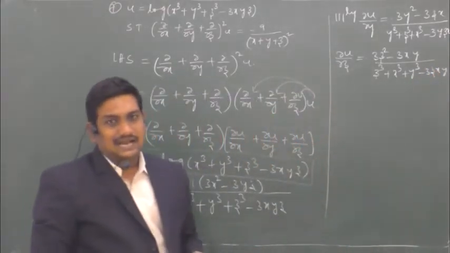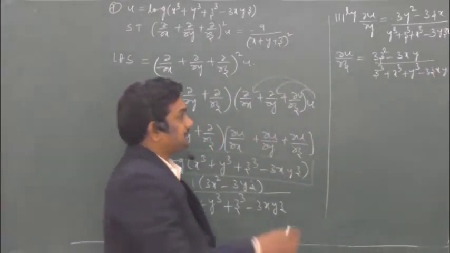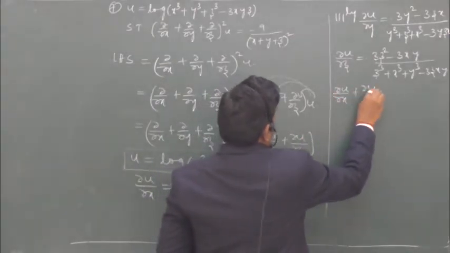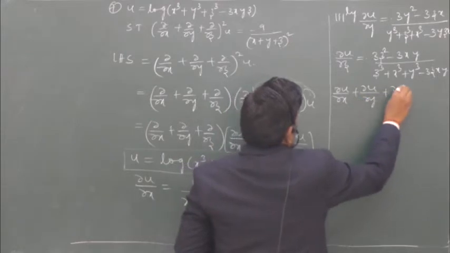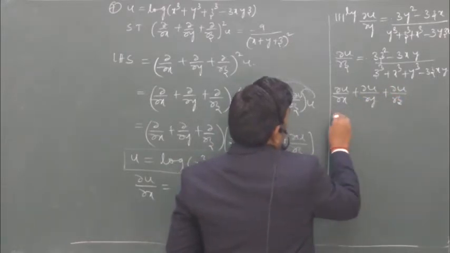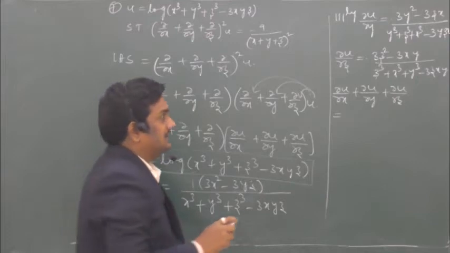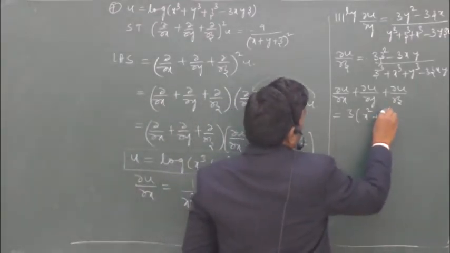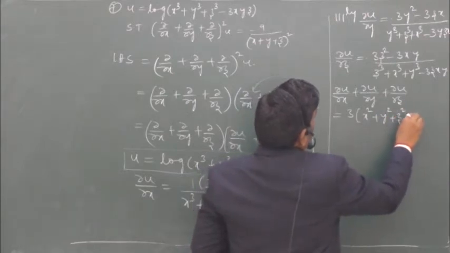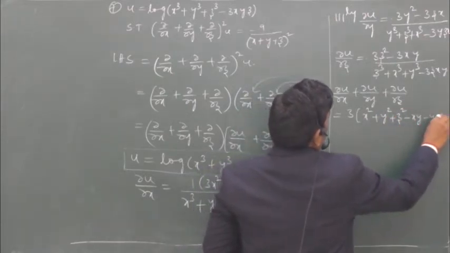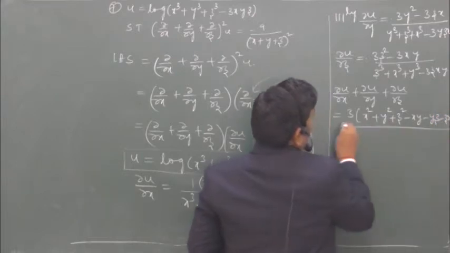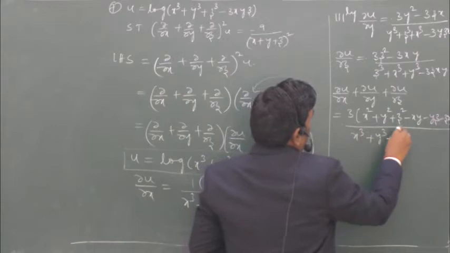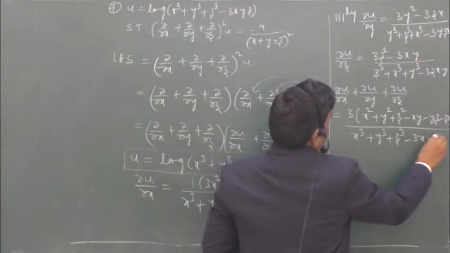Now let us add all the three terms: ∂u/∂x plus ∂u/∂y plus ∂u/∂z. All have the same denominator. Now it will be 3 into (x square plus y square plus z square minus xy minus yz minus zx) by (x cube plus y cube plus z cube minus 3xyz).